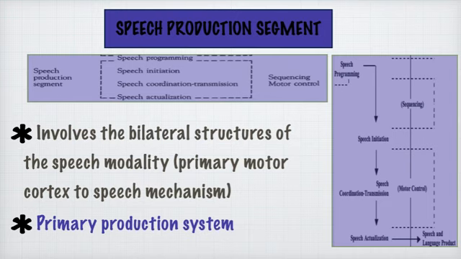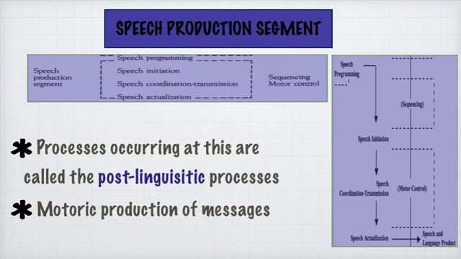This is the primary production system. Processes occurring in this area are called the post-linguistic processes. They're called post-linguistic because they happen after the language processing at the language cognitive segment, and mostly because it involves the motoric production of messages.